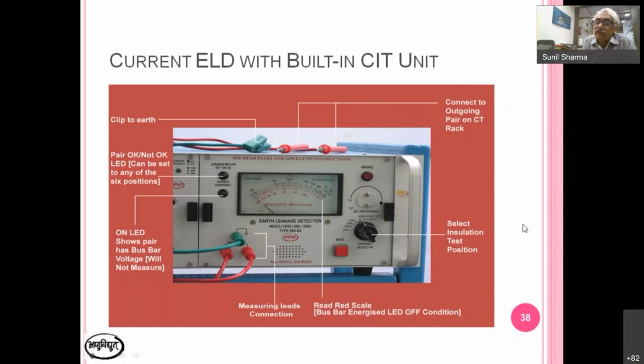In some railways, if this pair value is 10 meg or less, the pair is not good. But in another railway, if it is less than 5 meg, then it is not good. So it is your criteria, whether 5 meg is good or 10 meg is good.